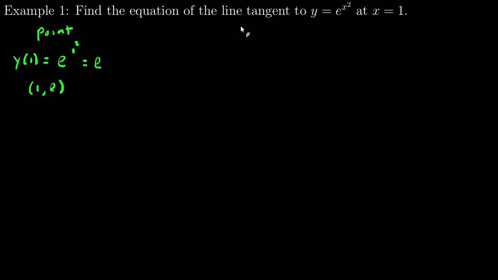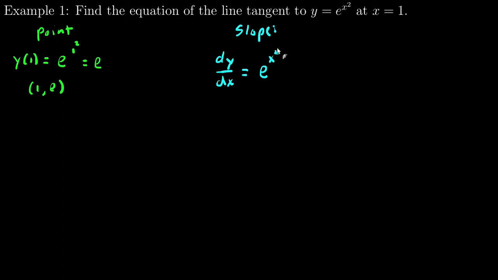Now the part that confuses some people, especially the first time they deal with it. I need to find the derivative of y with respect to x. This is chain rule. The outer function is e to a power, so that's going to still be e to that same power. I don't change anything when I have e to this power.